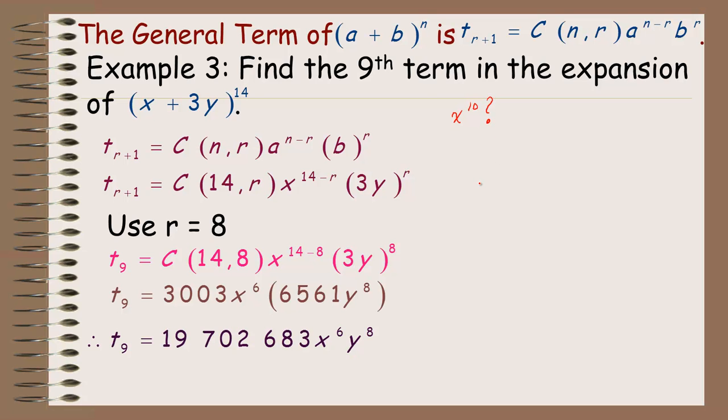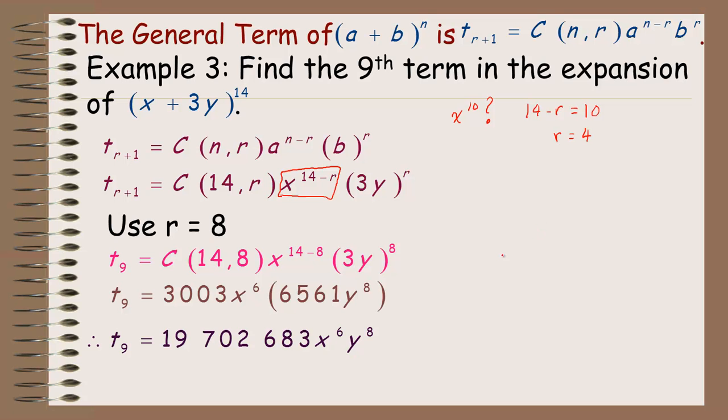Okay, so where's the term that has an x to the 10th? This is the only place in the general term formula that a power of x can come from. So what you would do is take that exponent, the 14 minus r, and set that equal to 10, because you're looking for terms with x to the 10th. And so r would have to equal 4 here.